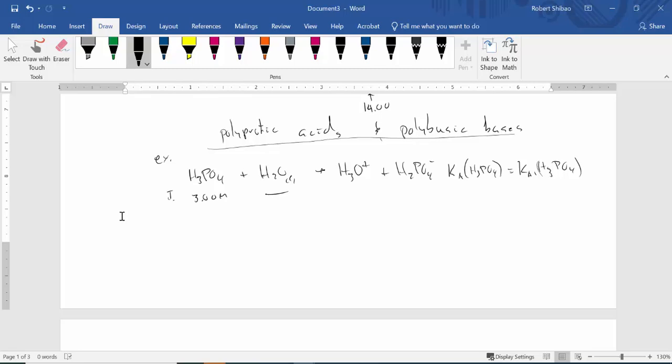It's just high in the context of ideal versus real behavior. But the reason I'm leaving it high here is because if I go with 3.00 molar, then the simplifying assumption works. If I make this concentration low, then I'm going to have to solve the quadratic for each step. And so this is why the book chooses 3 molar. Although it's a bit odd, they choose it so that they don't have to do the quadratic.